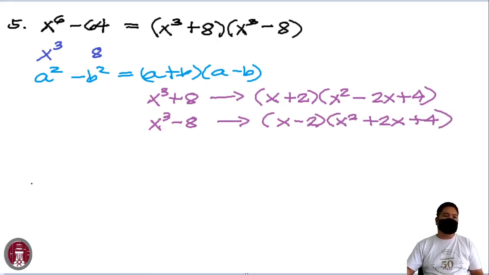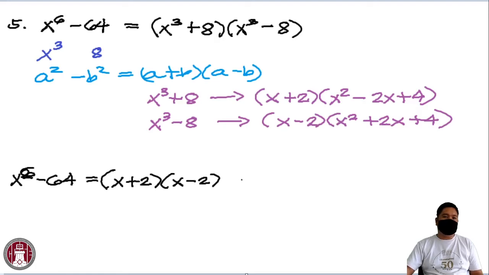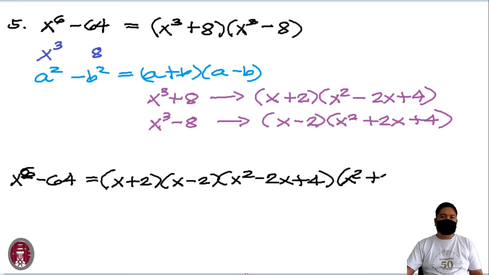So the complete factor of x6 minus 64 would be x plus 2, x minus 2, x squared minus 2x plus 4, and x squared plus 2x plus 4.